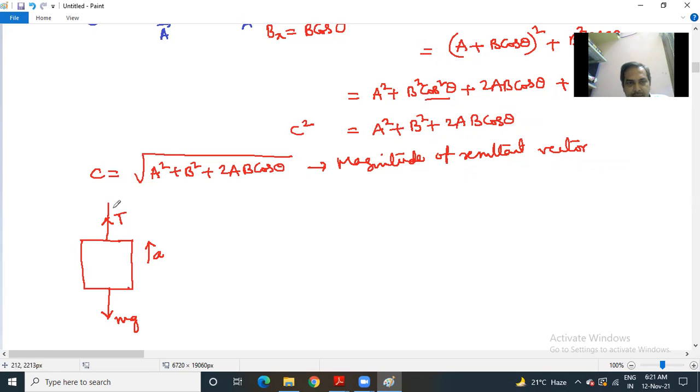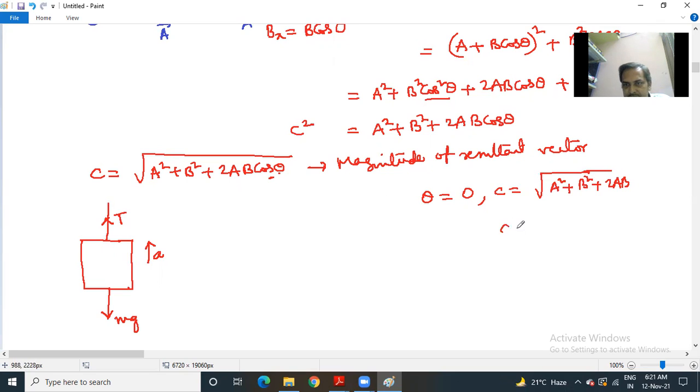Suppose for the angle between these two, first let us finish this. If theta is the angle between two vectors A and B and theta is 0, what will you get? Cos 0 is 1, so C will be root of A square plus B square plus 2AB. That's all.